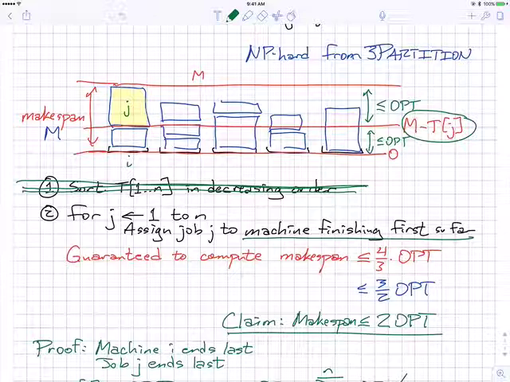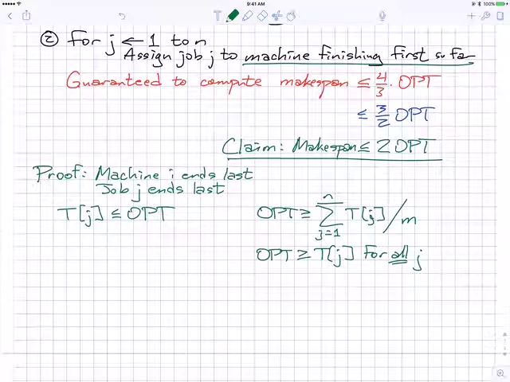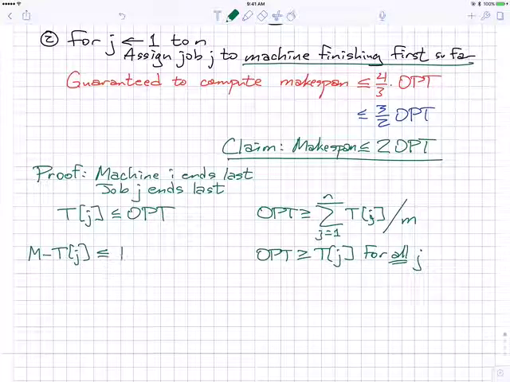Let me say that again. If I remove job J from the current schedule, then machine I, instead of being the last machine to finish, will become the first machine to finish. Otherwise, I would have put job J somewhere else. So what does that say about the makespan minus t of J? This is smaller than the total running time.